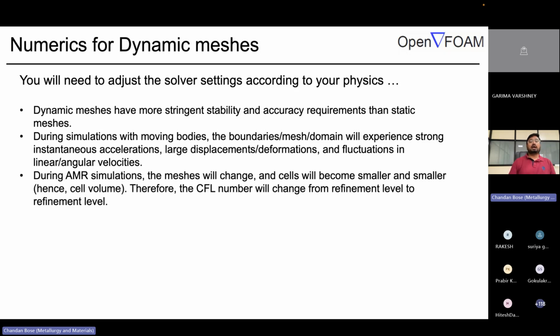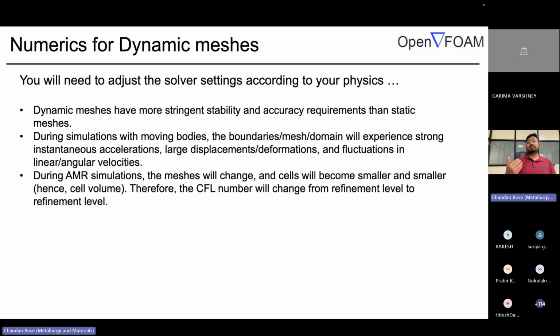All right. Whereas for AMR simulations, the mesh will change and the cells will become smaller and smaller. Hence, the cell volume will also become smaller and smaller. The stability criterion for the standard conventional CFD solution algorithms is the Courant number, or the CFL number, and it is proportional to delta T, the time step, divided by delta X, the local cell size.